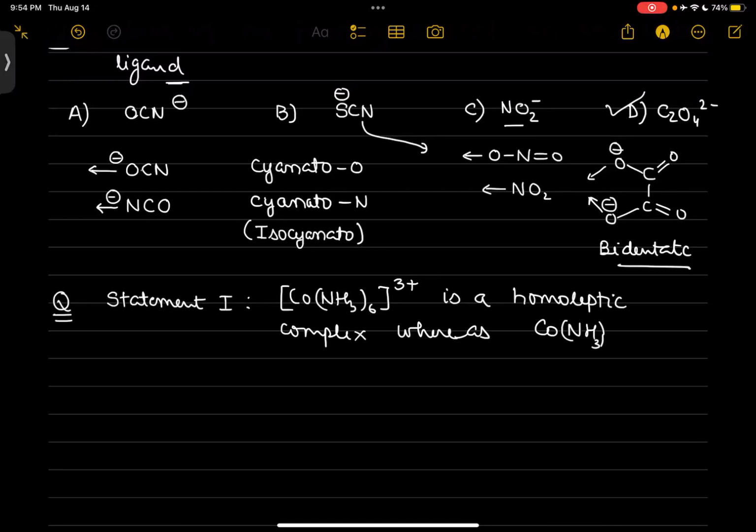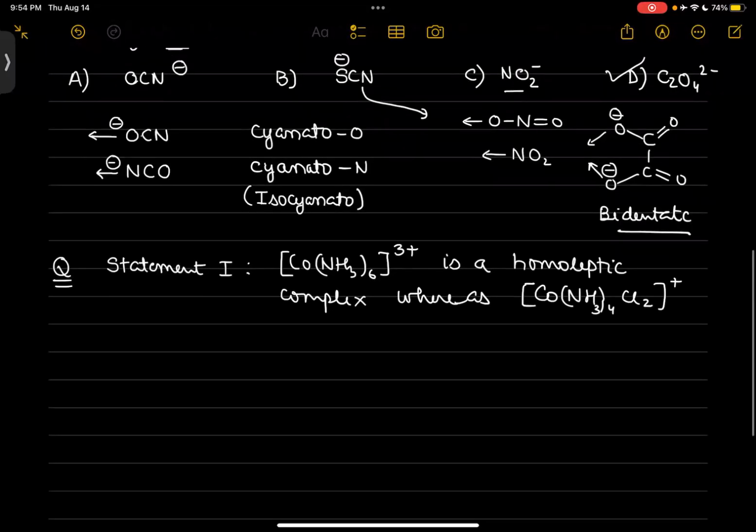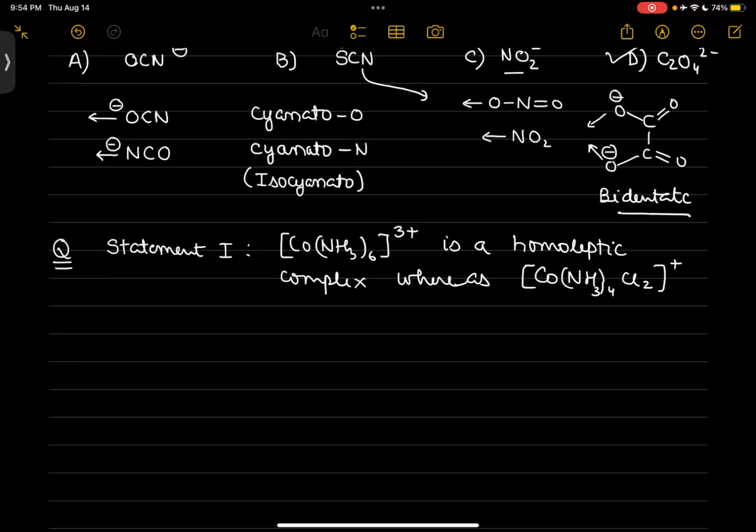Just try to figure out what homoleptic and heteroleptic complexes are. Homoleptic complexes are made up of just one type of ligand, and heteroleptic are made up of two or more types of ligands connected to the same metal atom or ion.